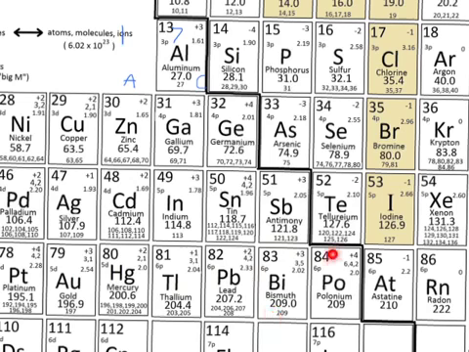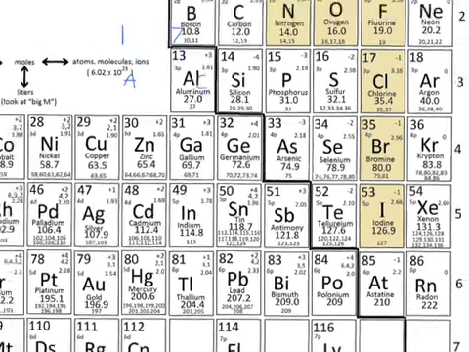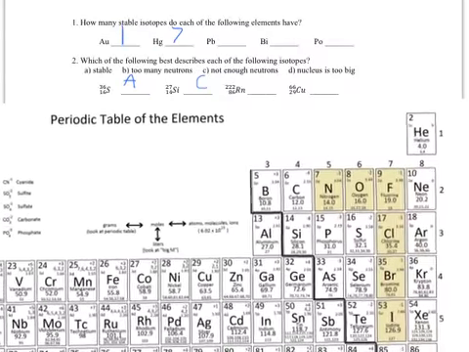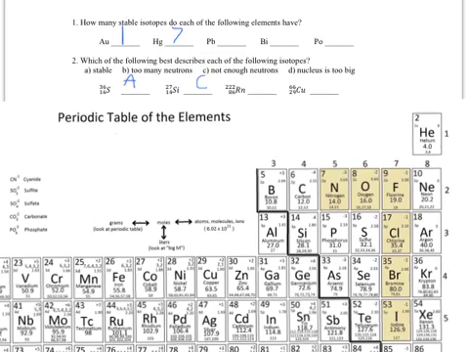Once you get to 84, 85, 86, and everything up to 118, there are no stable isotopes. That's because the nucleus is too large. You really can't glue more than 83 protons together with neutrons. Beyond that size, the neutrons just can't hold it together, and it eventually falls apart, producing alpha particles. So the problem here is our nucleus is too large, and that would be choice D.